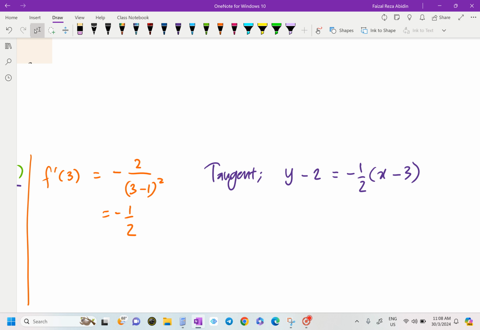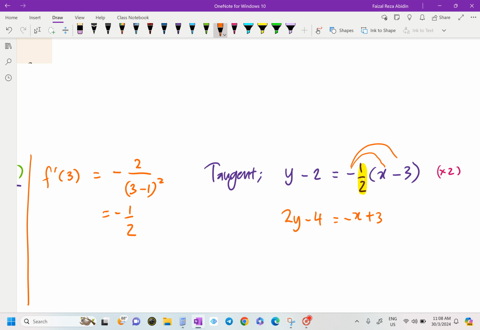Of course, like just now, I'm going to times by 2 because this one we got 1 over 2, right? So you are going to have this one as y, 2 times y is 2y minus 4 equals negative x, this one, we're going to get positive 3 over here.